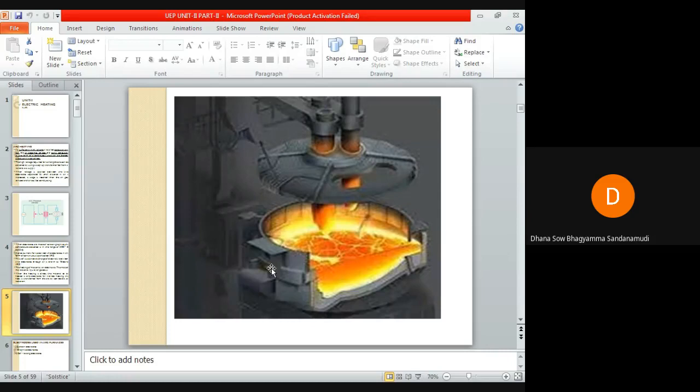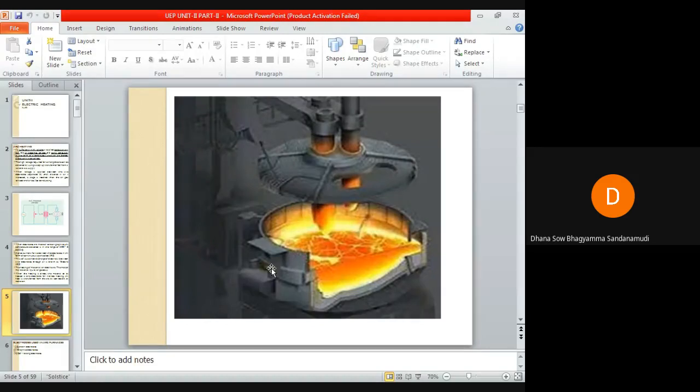In direct arc heating, the arc will be in direct contact with the substance which is to be heated, and in indirect arc heating, heat will be radiated from the arc by convection or by radiation.